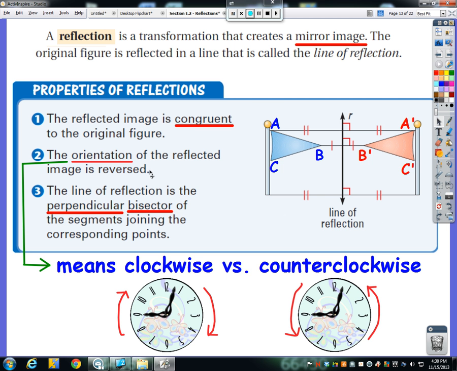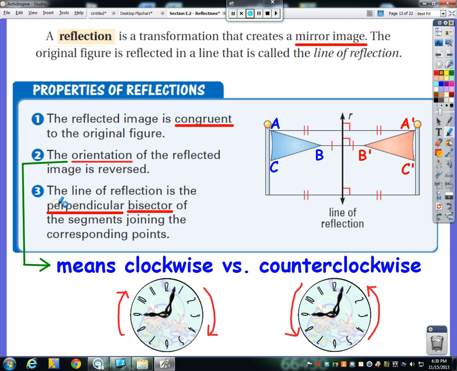The orientation of the reflected image, though, is reversed. Look at ABC and which order it's going in. It's going in a clockwise motion, but in your reflected image, it's going counterclockwise. It's like when you hold up your right hand in the mirror, it looks like your left hand is being held up by your mirror image. It's that same type of concept. And here's the most important part that we recently discovered.